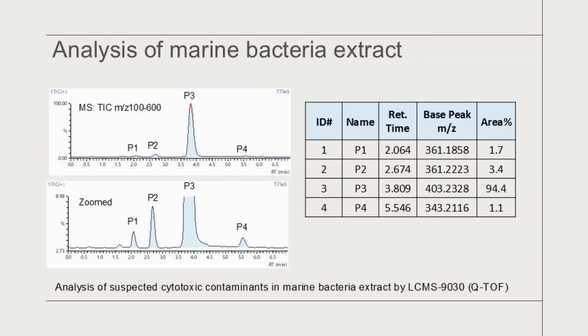An extract sample of marine bacteria was analyzed by LC-Q-TOF in full scan MS and MSMS modes. 4 unknown components were detected and named P1, P2, P3, and P4. The peak area of P3 component accounts for 94.4% and is the main component.